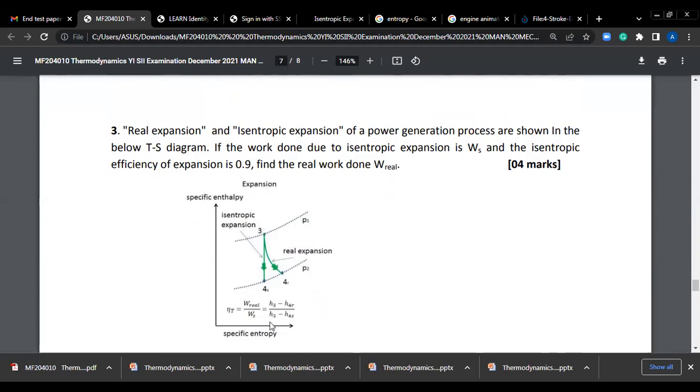Real expansion and isentropic expansion of power generation processes are shown below, because 3 to 4 is expansion. Let's say expansion of an engine. The engine can generate power by driving a generator, let's say, or a turbine. So you have the states 3 and 4.